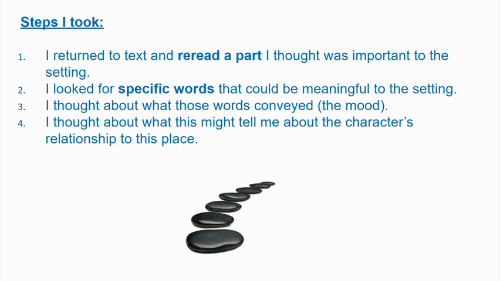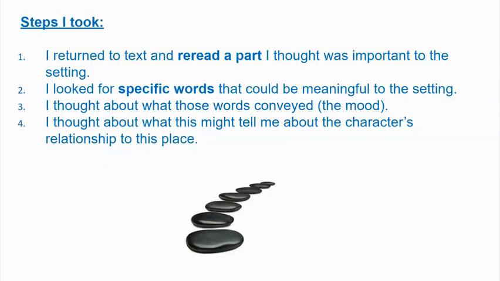So, what did we do? I returned to the text and I reread a part that I thought was important to the setting, because you should be thinking about the setting in your book, and maybe you have to flip back a chapter or two and see if you can find sections in your book where the setting seems to be important. And then I read it carefully and I looked for some specific words that could be meaningful to the setting.